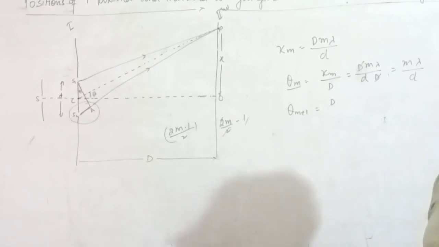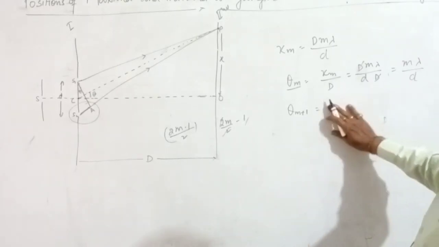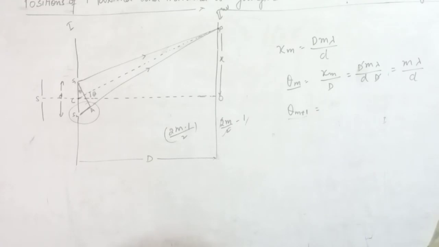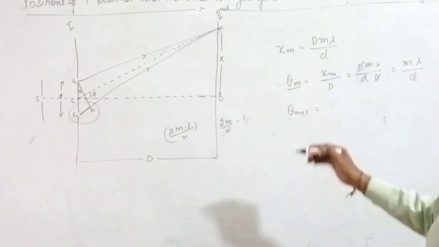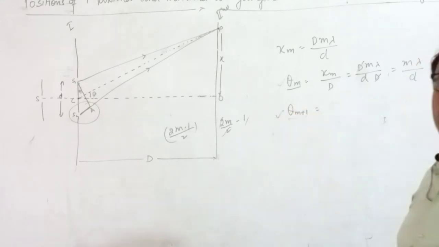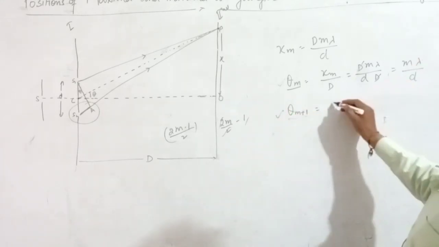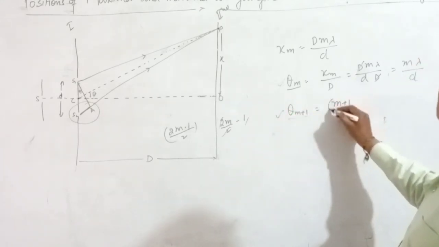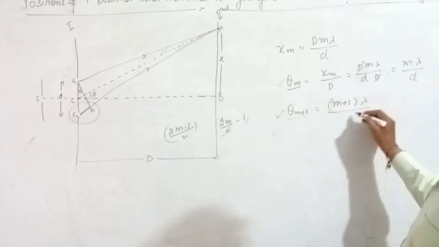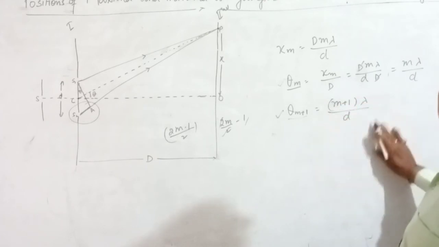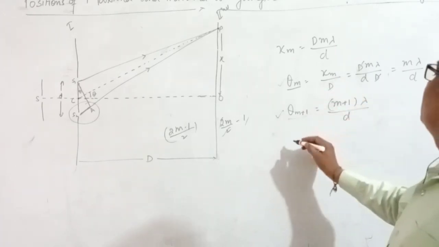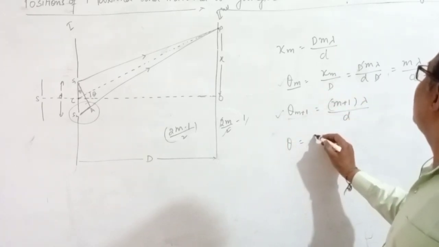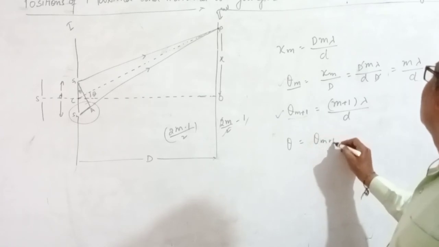This is the angular position of the m-th fringe. Now you want to find the angular position of the (m+1)th fringe. That is (m+1) lambda upon small d. This is the position of the (m+1)th fringe.